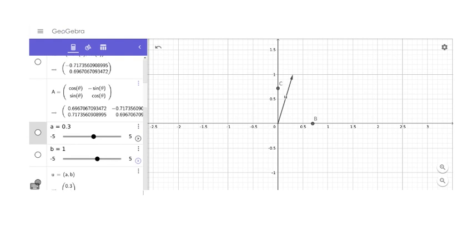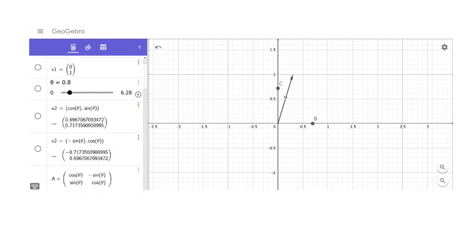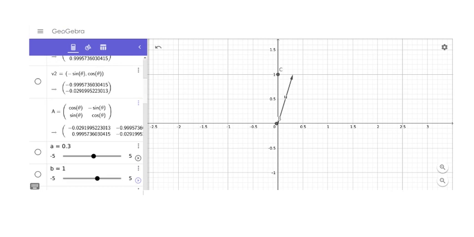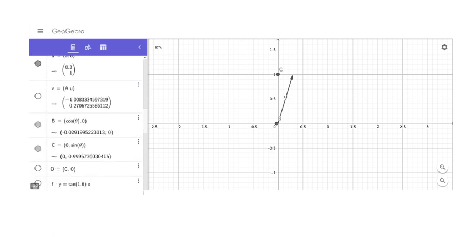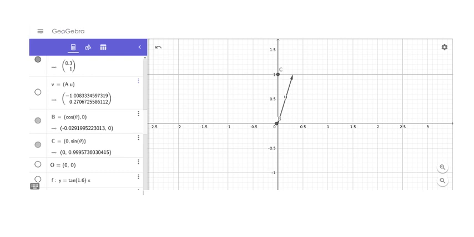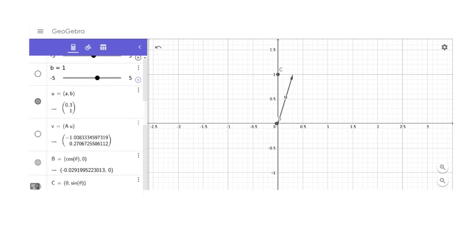Now I want to rotate it by an angle theta. I will set theta to 1.7, so it should rotate a bit more than 90 degrees. I consider the vector U and transform it by A, as you can see here, A into U. So what I should get is an almost 90 degree rotated vector.